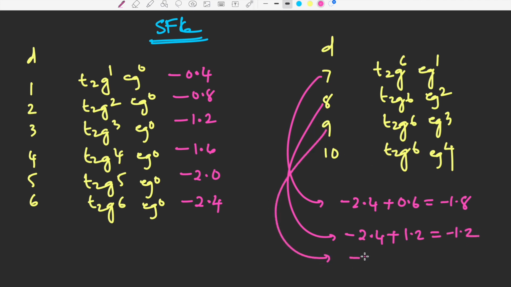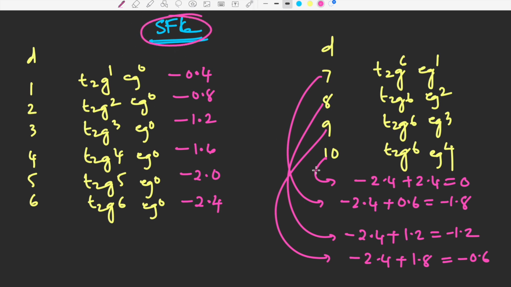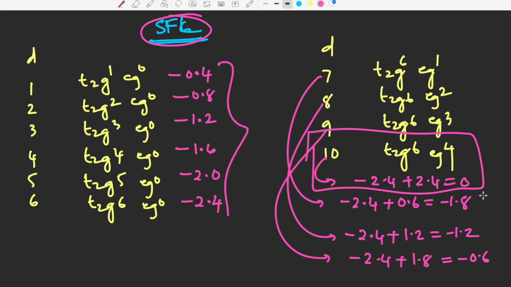D9 minus 2.4 plus 1.8, which is minus 0.6, and D10 would be minus 2.4 प्लस 2.4 which is obviously zero. तो स्ट्रॉन्ग फील्ड लिगेंड में D10 कॉन्फ़िगरेशन का क्रिस्टल फील्ड स्टेबलाइजेशन कितना होता है? ज़ीरो होता है, बाकी सब लेस देन ज़ीरो है. So this is how you calculate the crystal field stabilization energy in it, right.